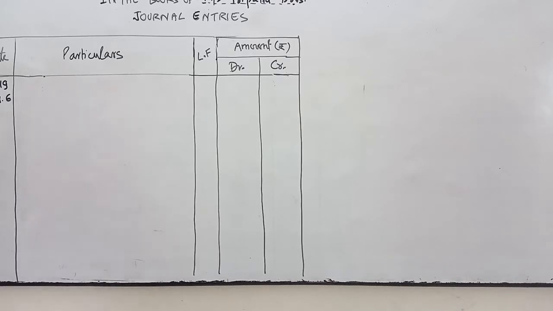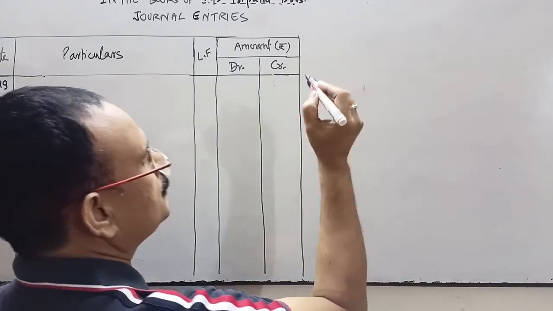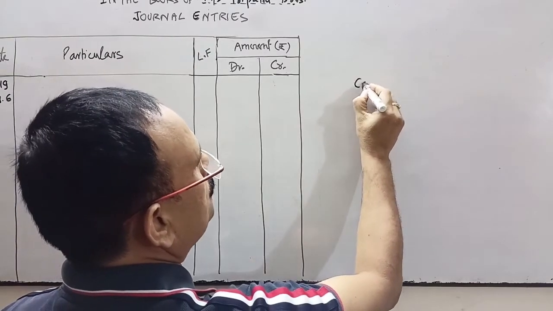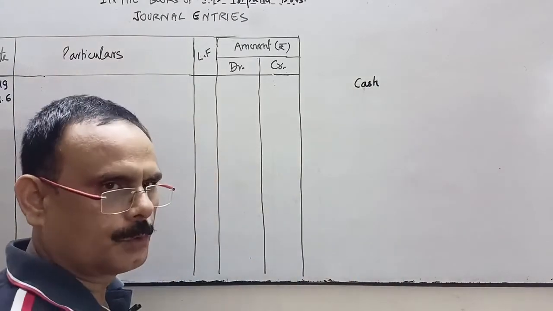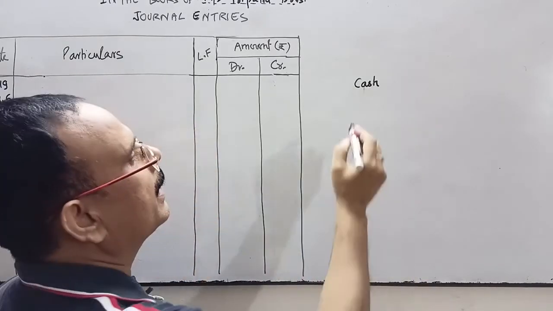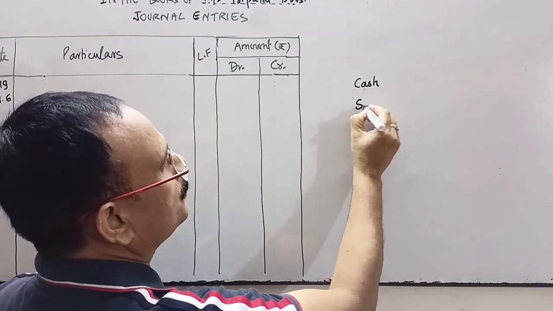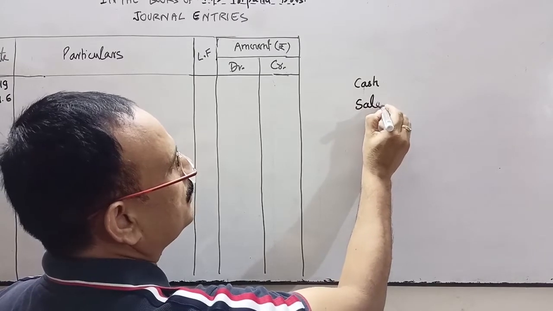Okay. The first transaction is: sold goods for cash. In this transaction two accounts are involved, cash account and, since we sold the goods, sales account.